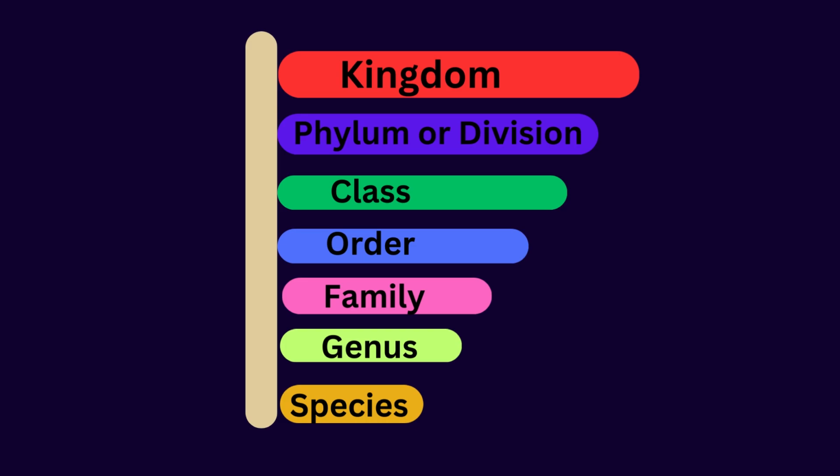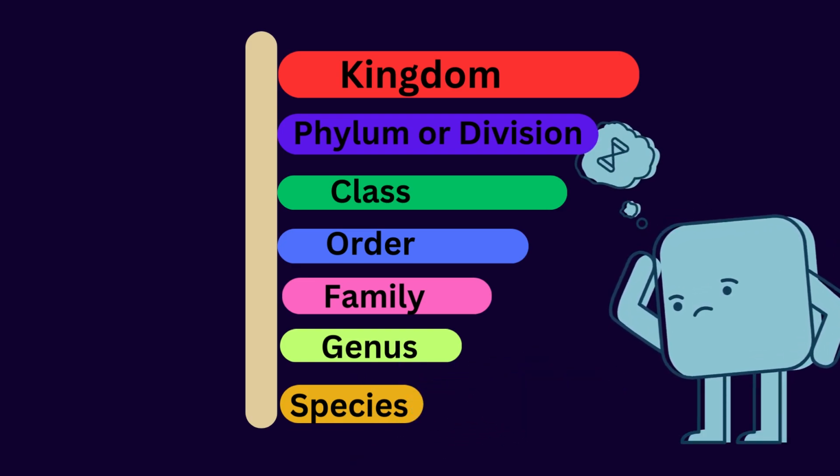Taxonomical studies of all known organisms have led to the development of common categories such as kingdom, phylum or division for plants, class, order, family, genus and species. All organisms, including in the plant and animal kingdoms, have species as the lowest category.